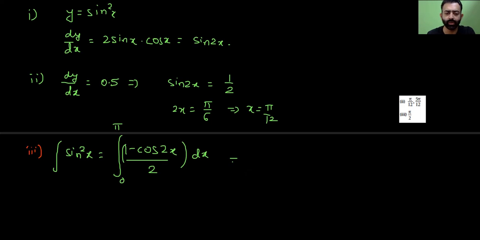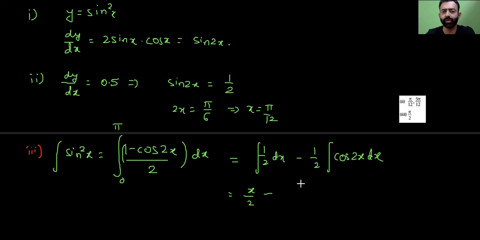This is equal to 1 by 2 integral of 1 dx minus half integral of cos 2x dx. Half integral of 1 is just x by 2, minus 1 by 2 times the integral of cos 2x, which is sine 2x by 2. So this will be sine 2x by 4.